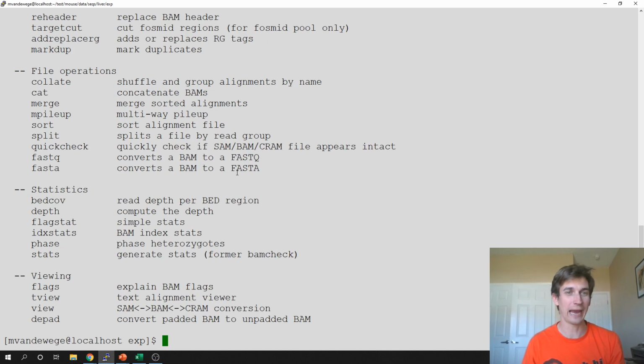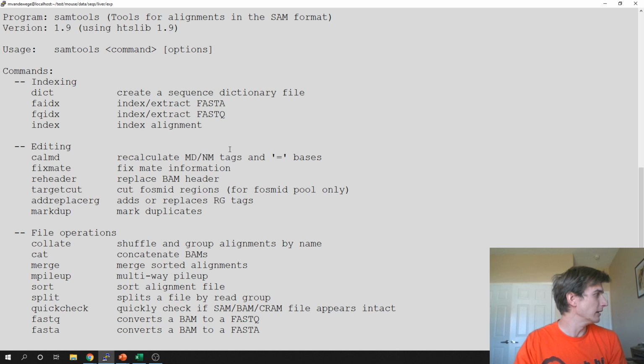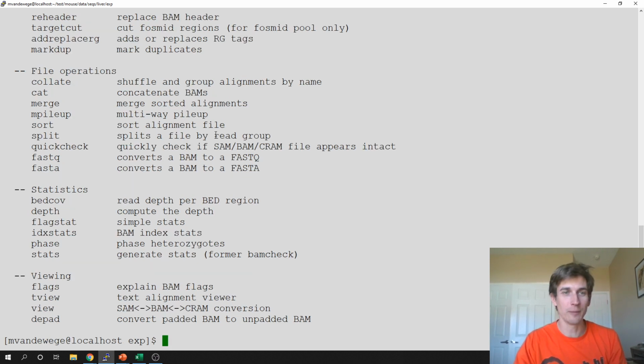So SAMtools has a lot of different tools and a lot of utility associated with it. Probably one of the more common, more frequently used tools is this SAMtools view. And so this SAMtools view lets us look and convert between SAM and BAM formats.